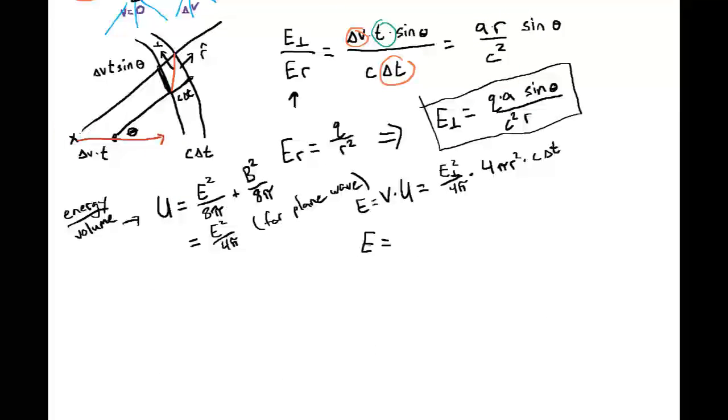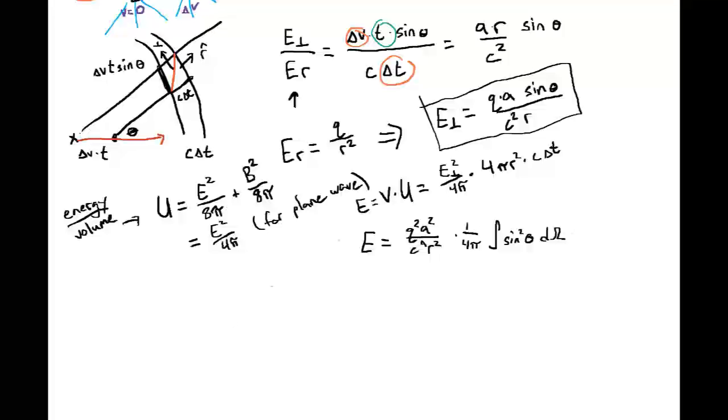So this energy, which I want to be careful not to confuse with the electric field, this energy, E, is E perpendicular squared averaged over this whole shell. So if I'm going to plug in my formula for E perpendicular squared, it becomes Q squared A squared over c to the fourth r squared times the average of sine squared theta over a shell, which is 1 over 4 pi times the integral of sine squared theta d omega, where omega is a solid angle.